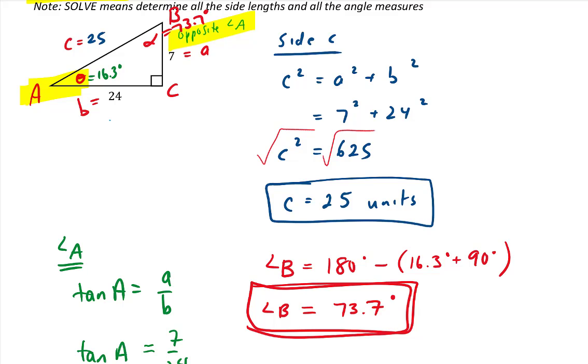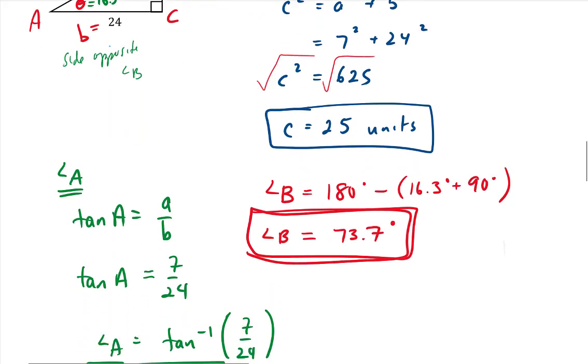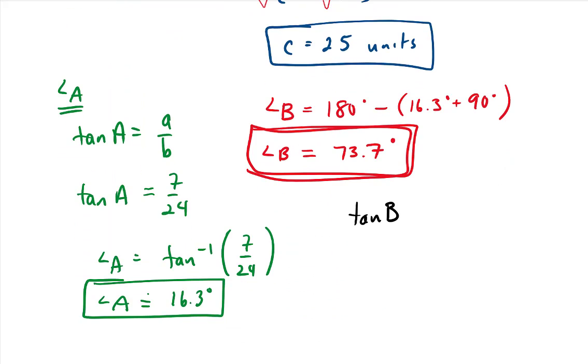Now, a second way to find that is to again use our tan ratio. And if we do that method, let's say we're focused on angle B this time, we can call this the side opposite angle B. This is the side that's adjacent angle B. And using our tan ratio, the tan of angle B, let's call this our verify step, is equal to the opposite side to B, which is B over A. So we get tan of B is equal to 24 over 7.